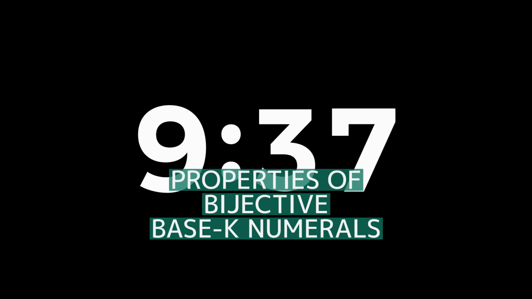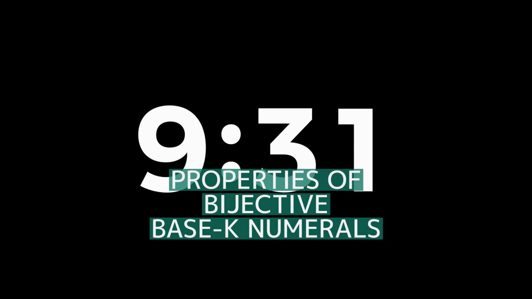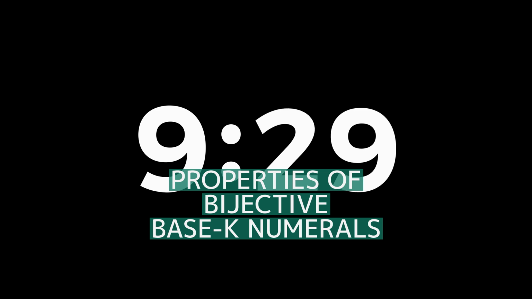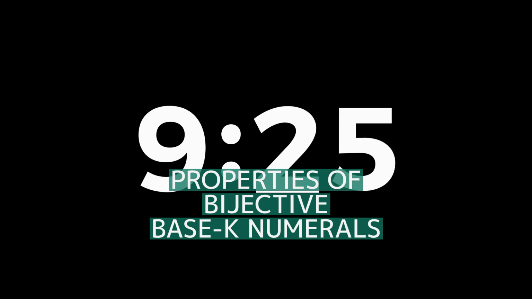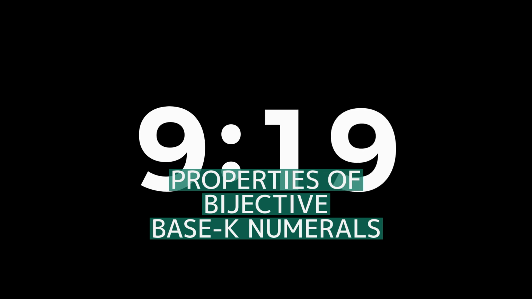The smallest non-negative integer representable in a bijective base k numeral of length l is the minimum, and the largest non-negative integer representable in a bijective base k numeral of length l is the maximum, equivalent to max equals k times min, or max equals min plus 1.